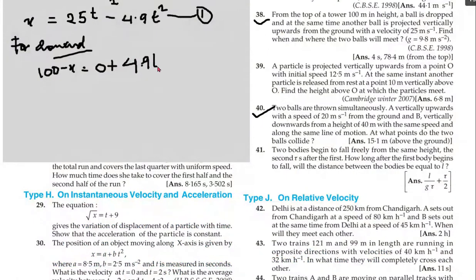Substituting x, we get 100 minus 25 t plus 4.9 t square equals 4.9 t square.